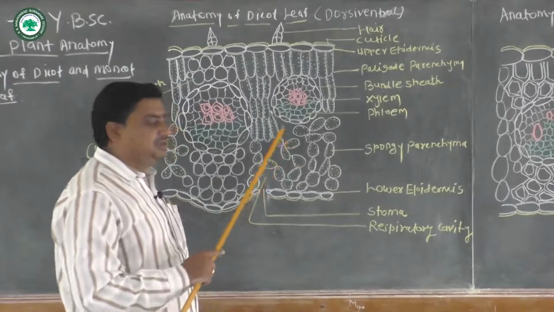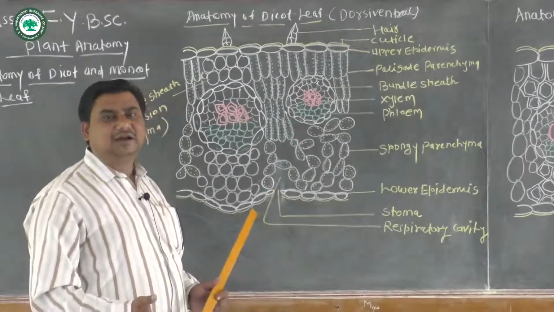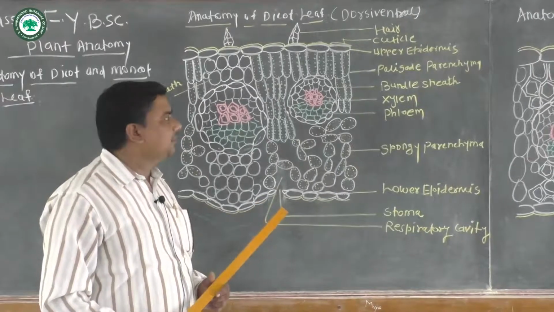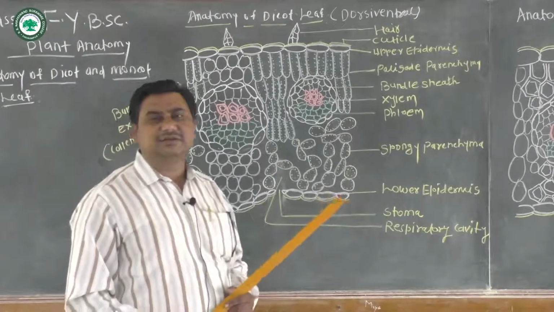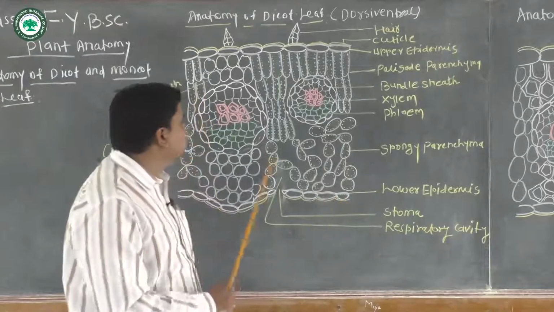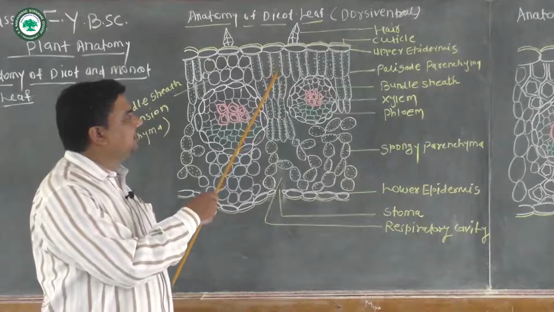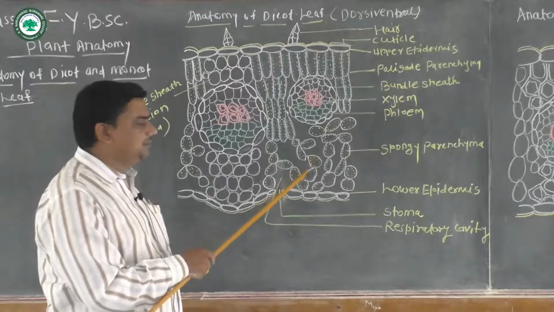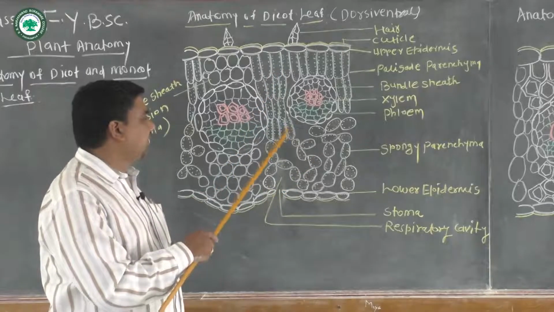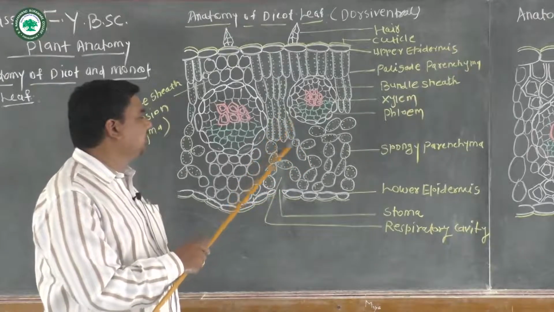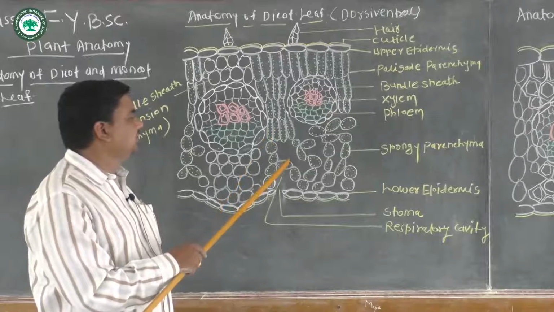So these both regions are differentiated due to the dorsiventral surface of the leaves. You can see here the cells in the palisade region and cells in the spongy region are differentiated. Both regions consist of different cells.